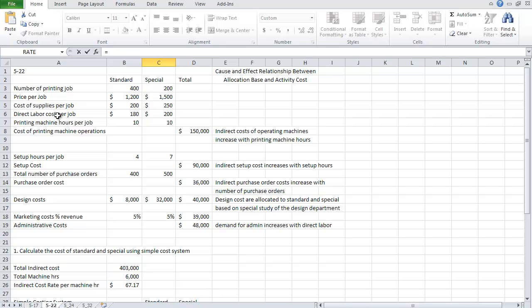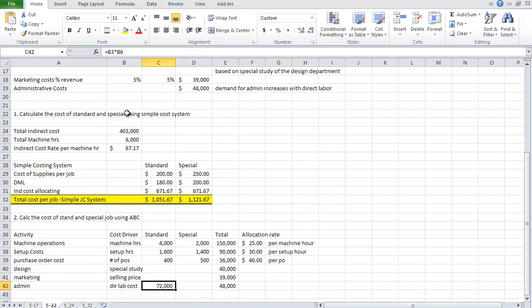Direct labor cost per job. So if we have 400 jobs and we multiply it by the $180 per job, we'll get the 72,000, and this is actually dollars, which is different than the others. So let's throw that dollar sign in. And let's do it the same for this.